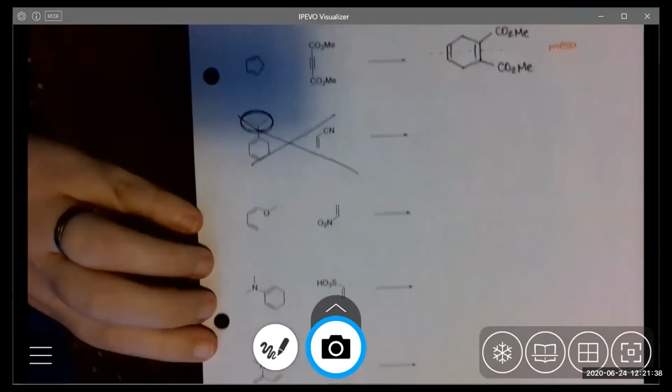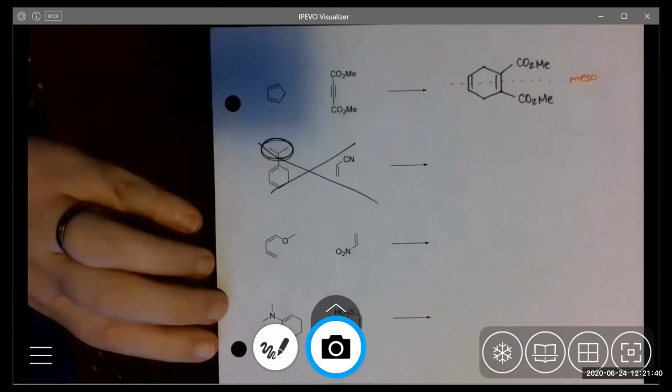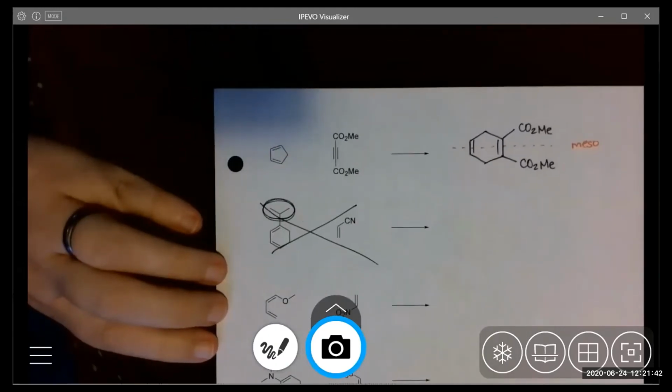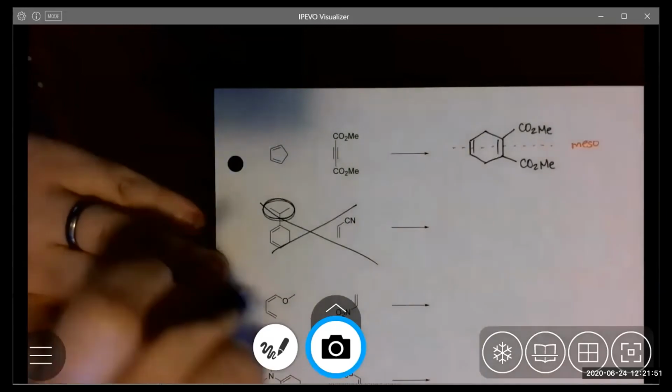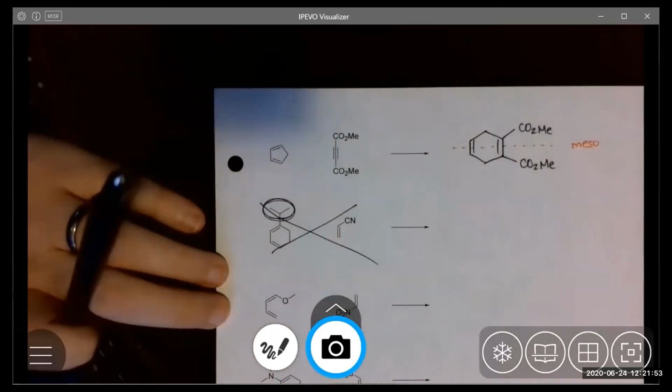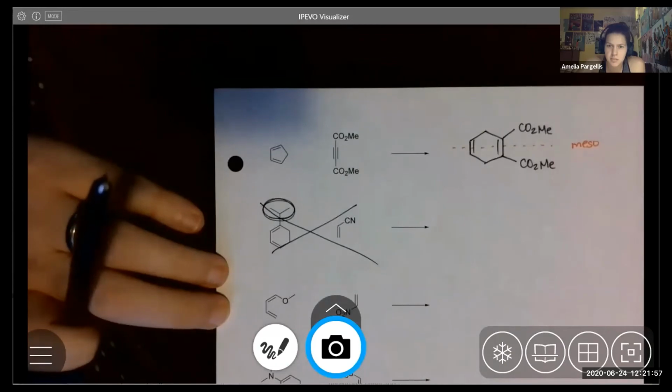Question about the one you just went over, the top one. So on his key, he doesn't have two double bonds, but the two double bonds is correct. Yes. Okay. Isn't it bicyclic? Or no?